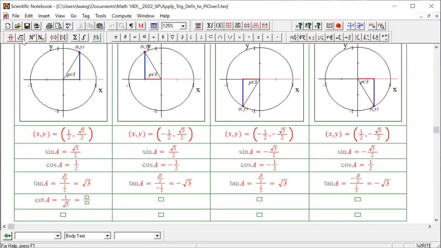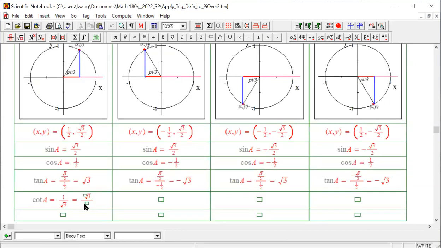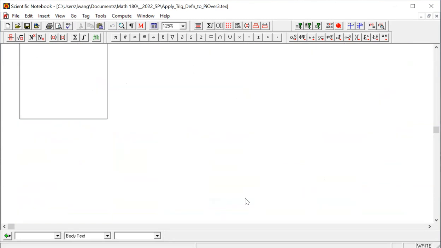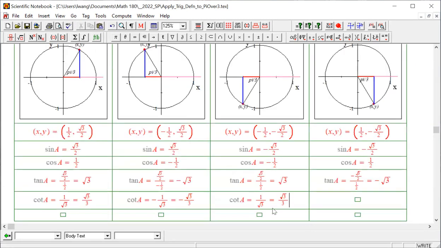So this is going to be √3 over 3. Okay, and all of these other situations are going to be similar, except in this interval, it's going to be negative. In the third quadrant, it's going to be positive.